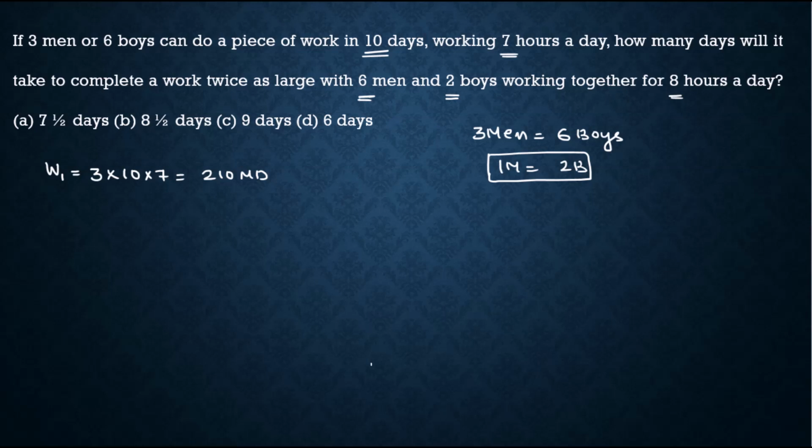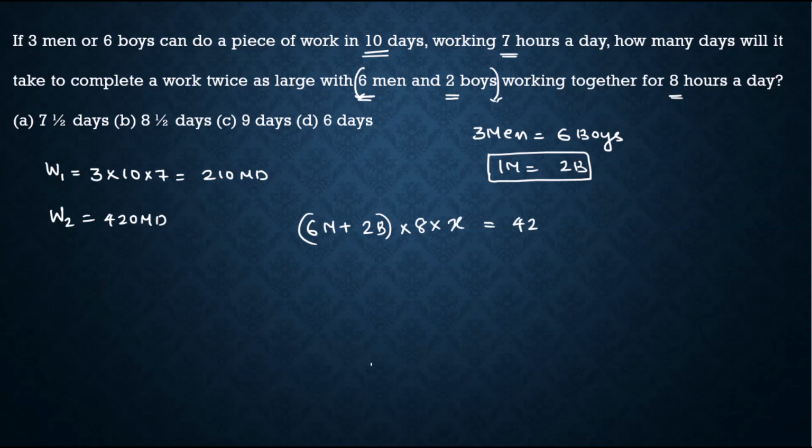We need to calculate how many days it will take to complete a work which is twice as large. That means W2 is 420 man days of work. This 420 man days of work is carried out by 6 men and 2 boys working together for 8 hours per day.